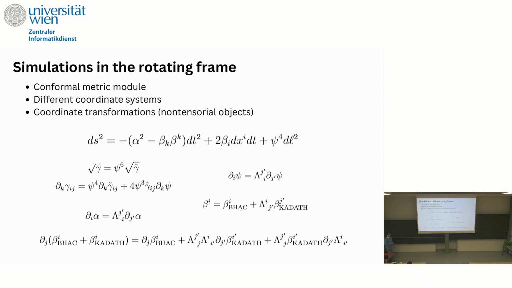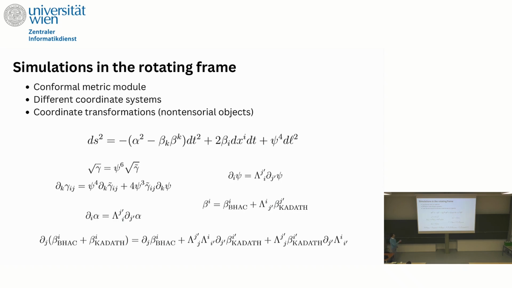Something else we do is that, in order to have very accurate spatial derivatives, we don't calculate the derivatives inside the code, say by finite differencing, but evaluate them from the spectral solution produced by Kadath.